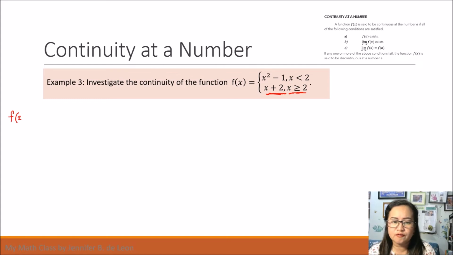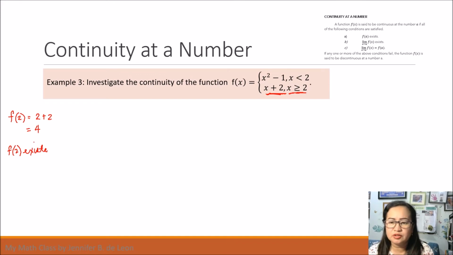So if we will have f of 2, we will evaluate x plus 2 at x equals 2. So simplifying that, we will have 4. So f of 2 exists since we have a real number.